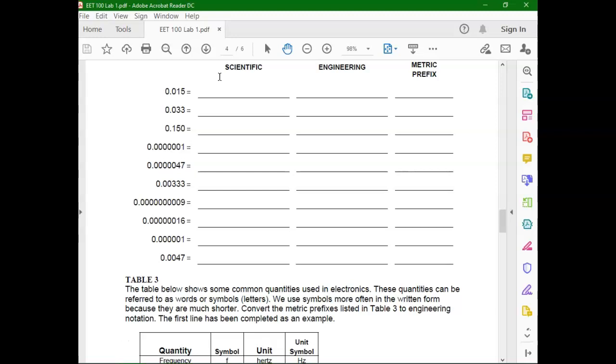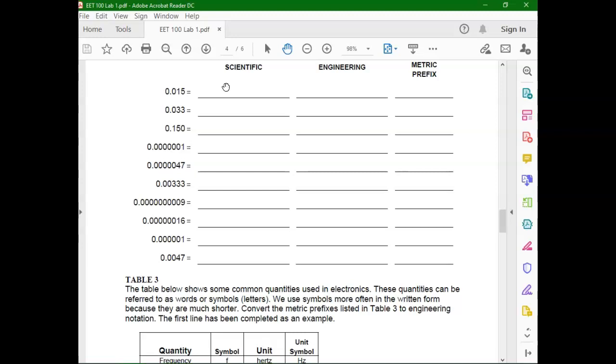You move the decimal back twice, between 1 and 5. It'd be 1.5 times 10 to the what? 10 to the negative 2, wouldn't it? Yes, it would. All right, so this one would be 1.5 times 10 to the negative 2.